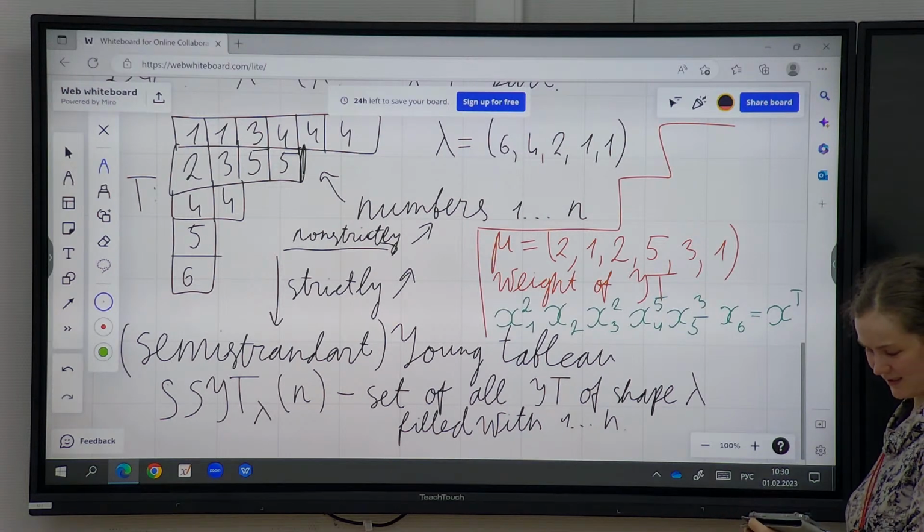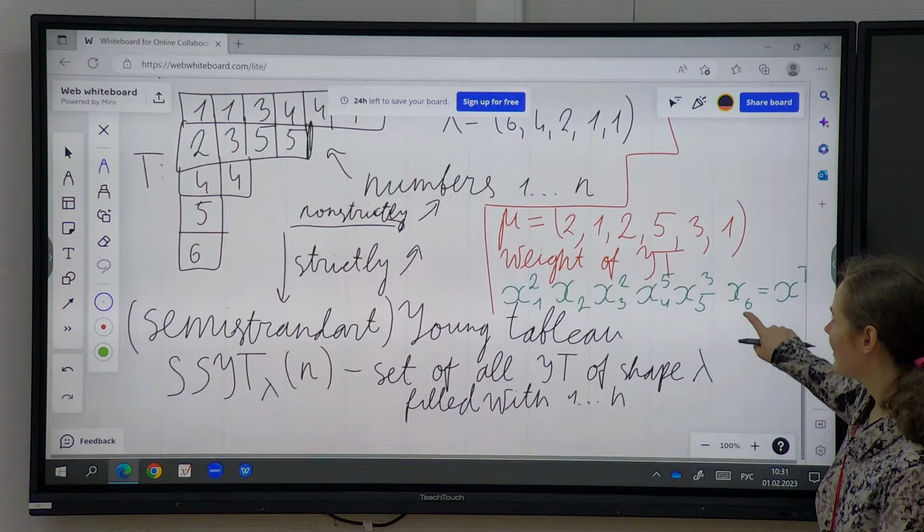Is everything clear about Young tableaux? Все пока понятно? Ну, хорошо. Okay.